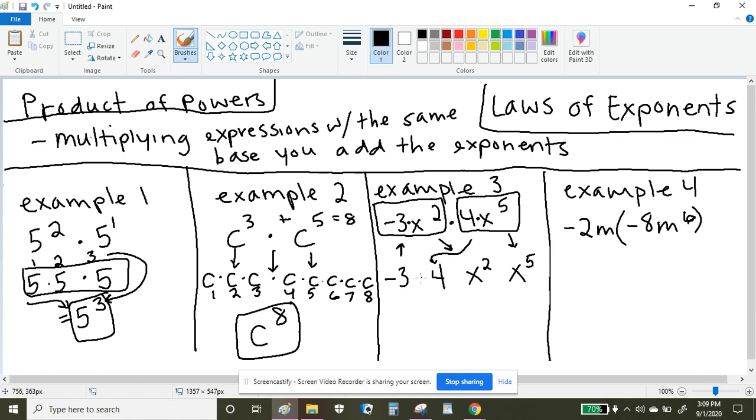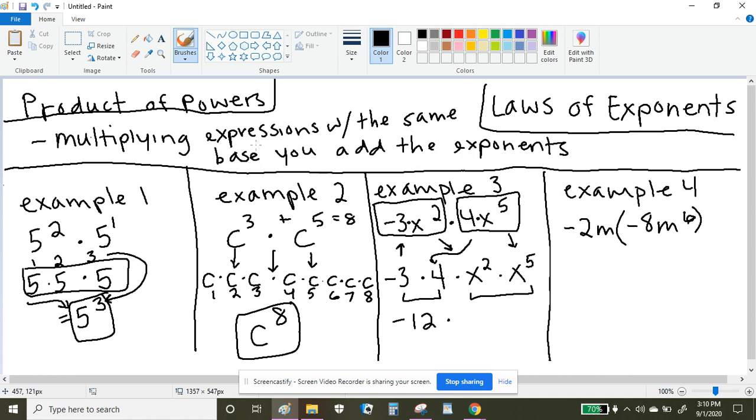So if we looked at this as a multiplication problem, we could see we can take negative 3 and we can combine it with 4. So a negative times a positive is going to be negative. And then 3 times 4 is going to be 12. And it's still being multiplied by these terms here.